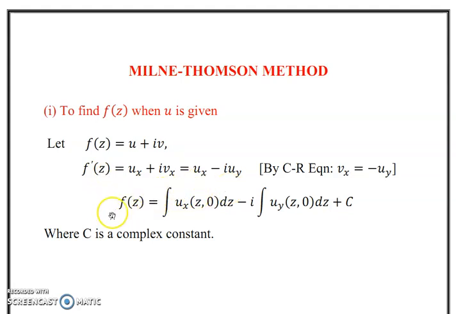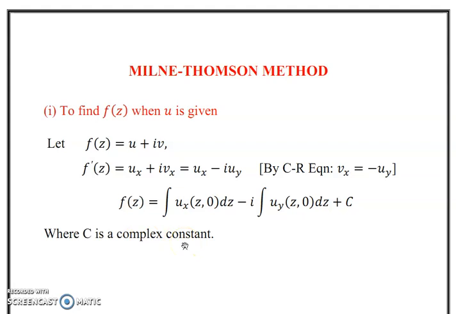Then we integrate, we get f of z equal to integral of ux of z comma 0 into dz minus i integral of uy of z comma 0 into dz plus c, where c is the complex constant.